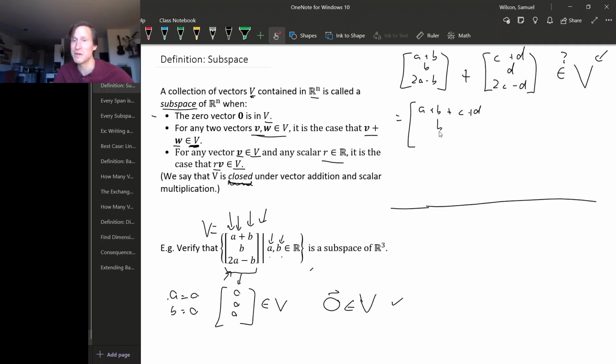For the second entry, we get B plus D. And for the third entry, we get 2A minus B plus 2C minus D. Now we're supposed to figure out, is it possible to choose two real numbers so that our resulting sum looks like this template here?